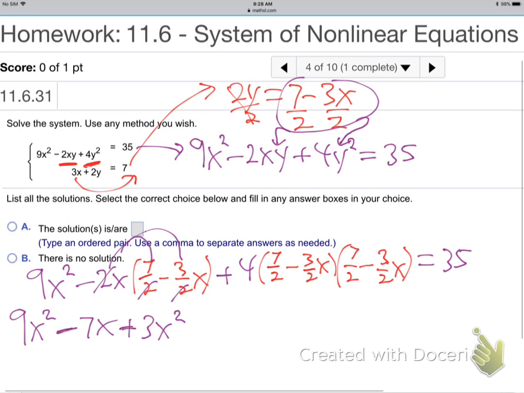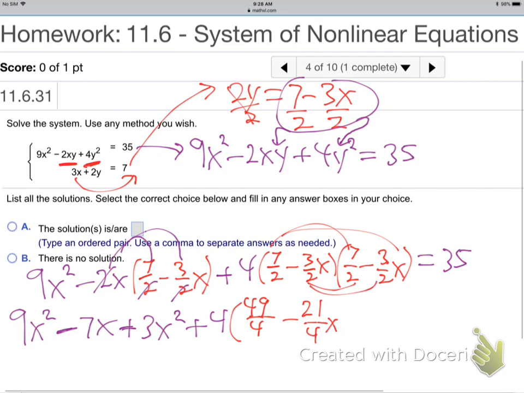Now this one, what's going to happen here? Well, leave the 4. Remember when we have 3 things that need to multiply, you have to do the parentheses first, so just leave the 4 in the front. So let's leave the 4 sitting in the front, and then do these parentheses. Boom, boom. That would be 49/4 minus 21/4 x, and then this guy will go to both.